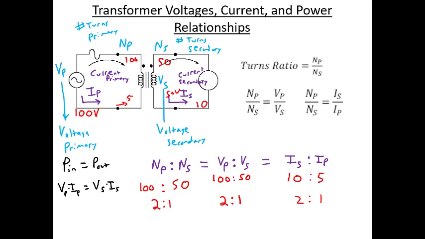And so this 2 to 1 ratio is going to have to be maintained. When we solve the problems, some of the items will be given, maybe the number of turns, maybe the voltage, maybe the current, and then we'll have to figure out the rest of them based on the turns ratio.